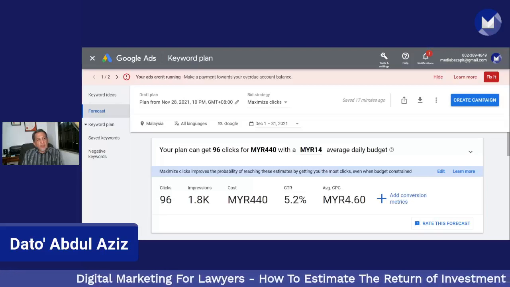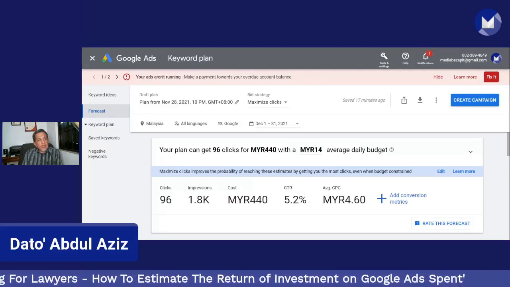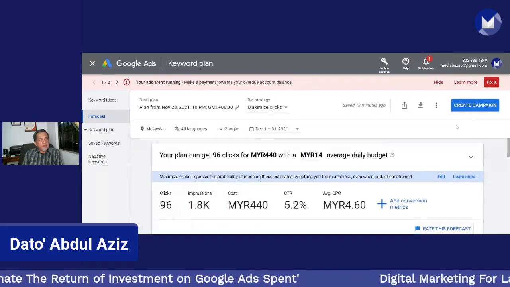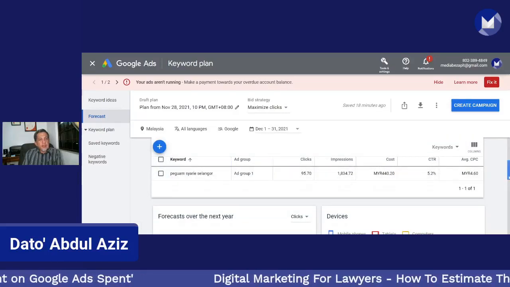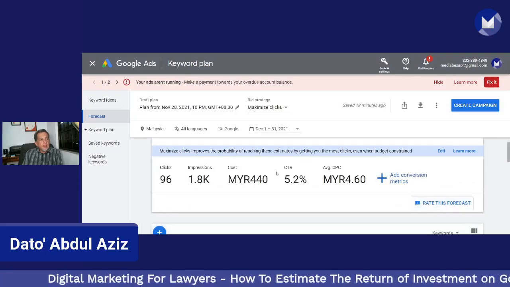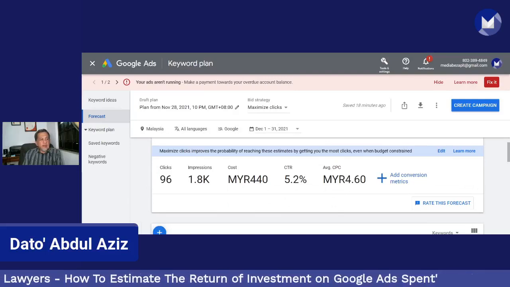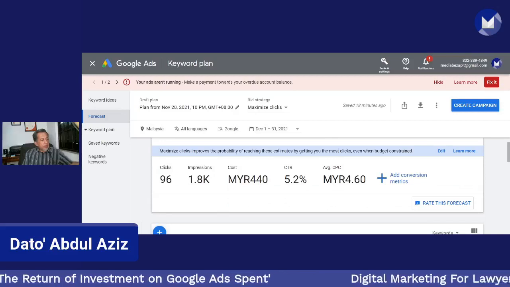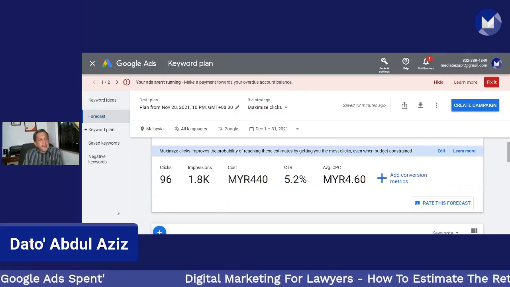So the keywords that we want to be showing now is peguam syarie selangor. Based on the forecast, it is estimated that the cost per click for this particular keyword is 4 ringgit 60 cents, which is equivalent to about 96 clicks.